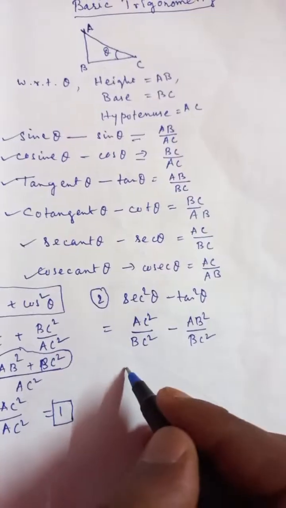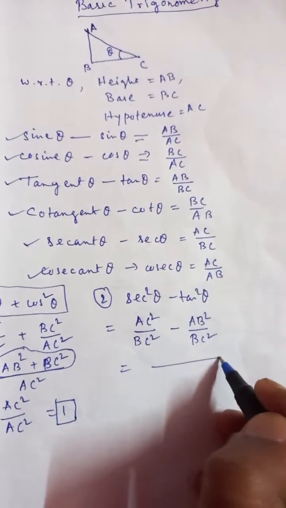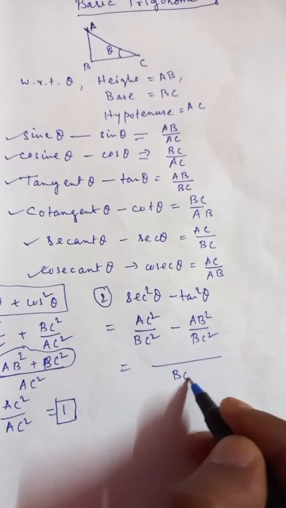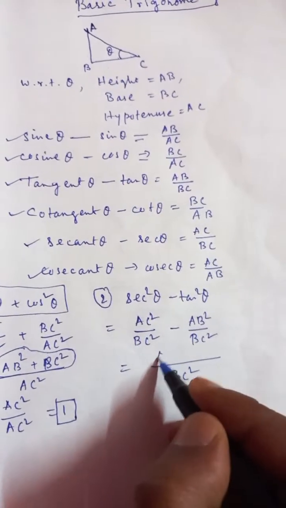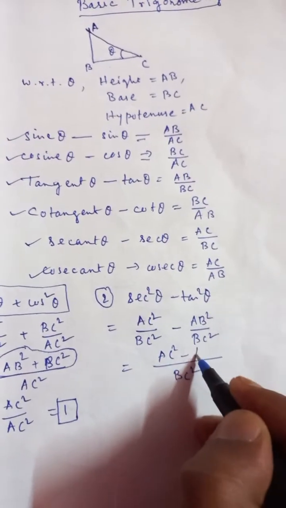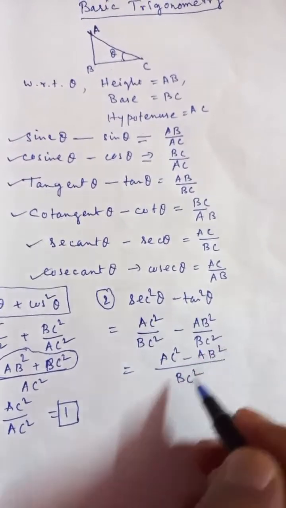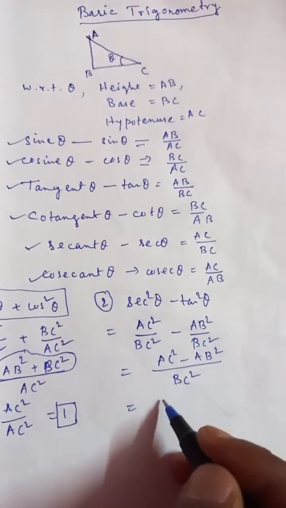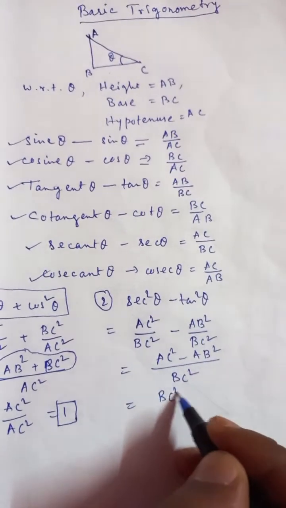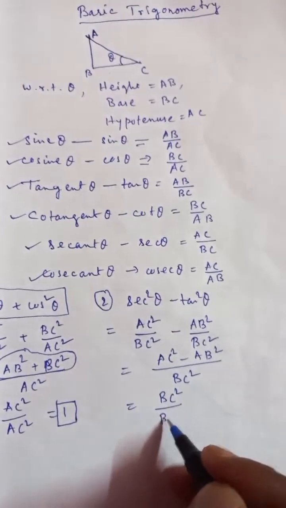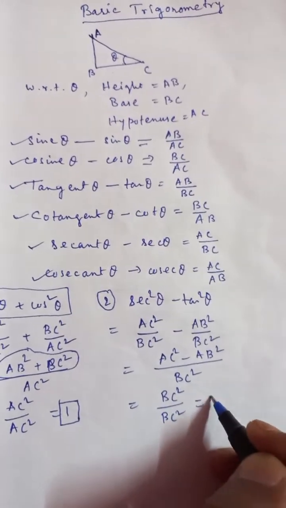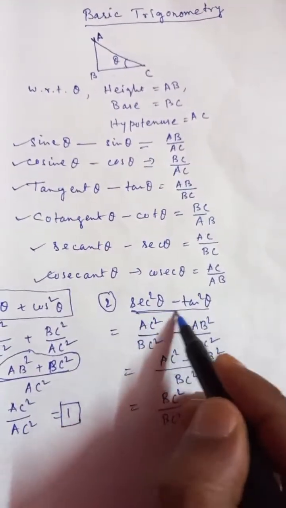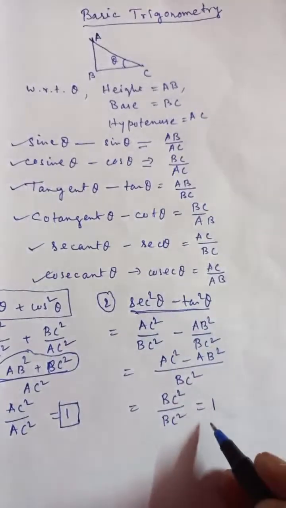So the common denominator will be BC square, and the numerator will be AC square minus AB square. Again by Pythagoras theorem we will have BC square by BC square is equal to 1. This is our second formula, that sec square theta minus tan square theta is equal to 1.